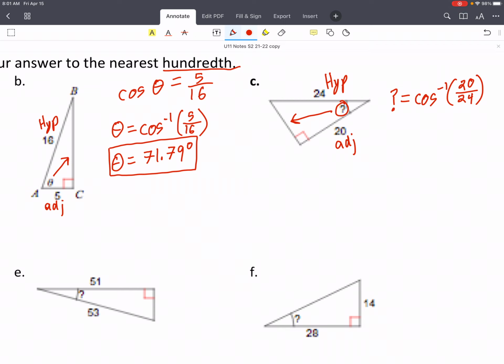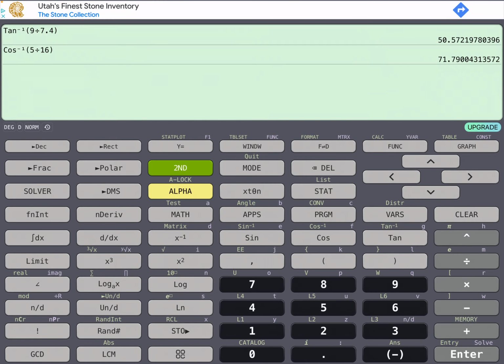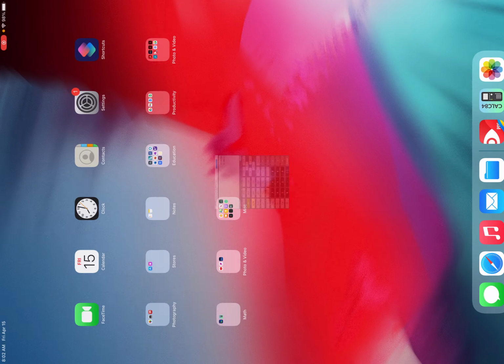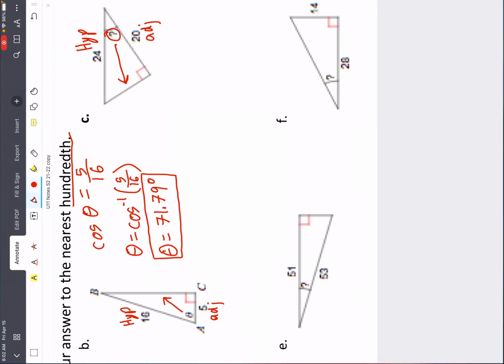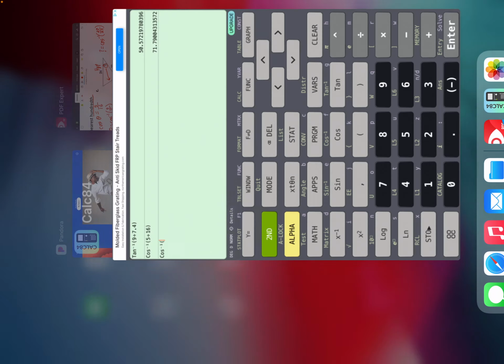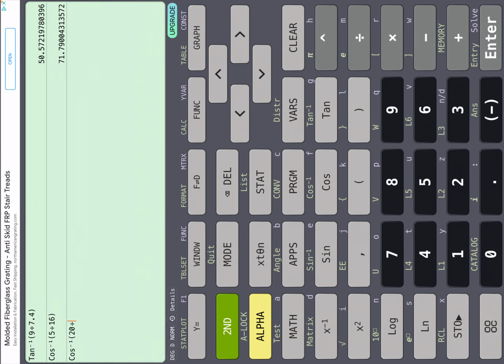We can simplify that, but remember from above, we saw that no matter what, whether it's simplified or not, it's going to give us the same answer. So let's just leave it there. We have the inverse cosine of 20 over 24. So we go to our calculator. Second cosine, 20 divided by 24, enter.